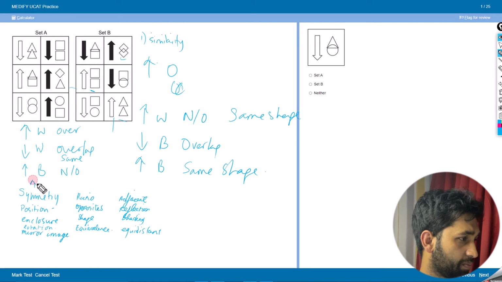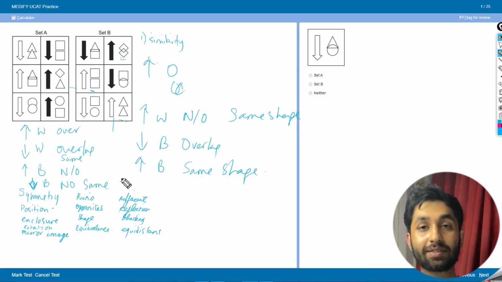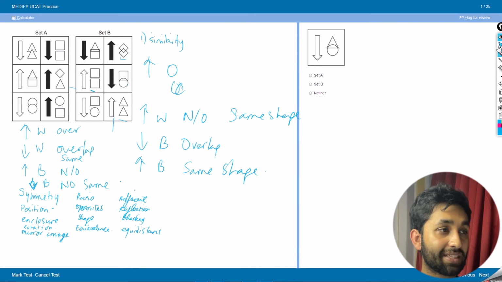If you point down and you're black, there's no overlap, but it's the same. Okay, so that's my pattern there.